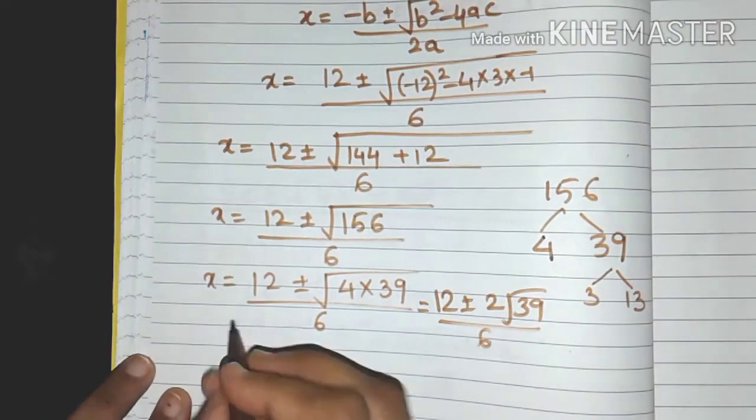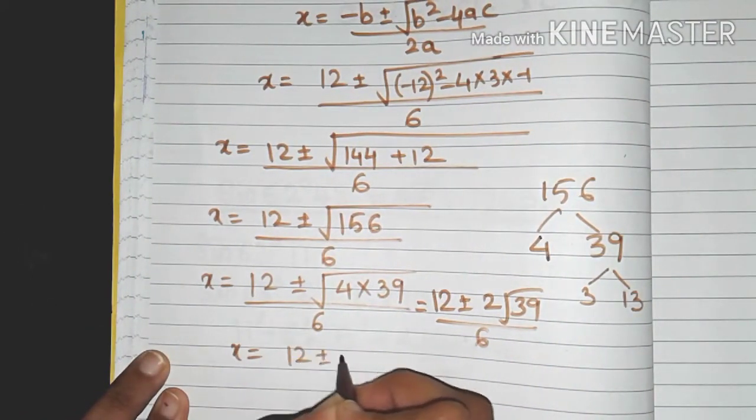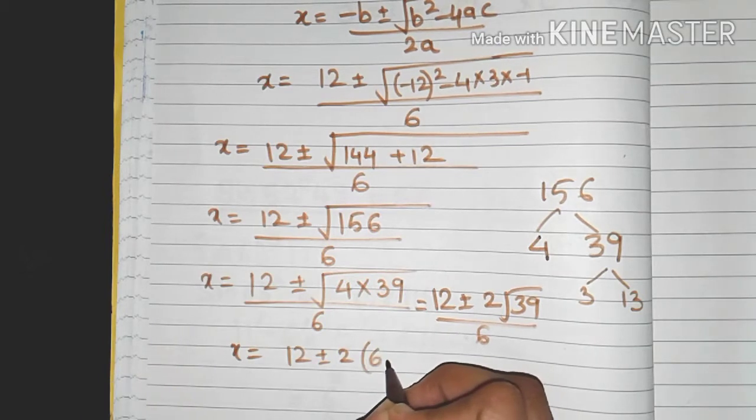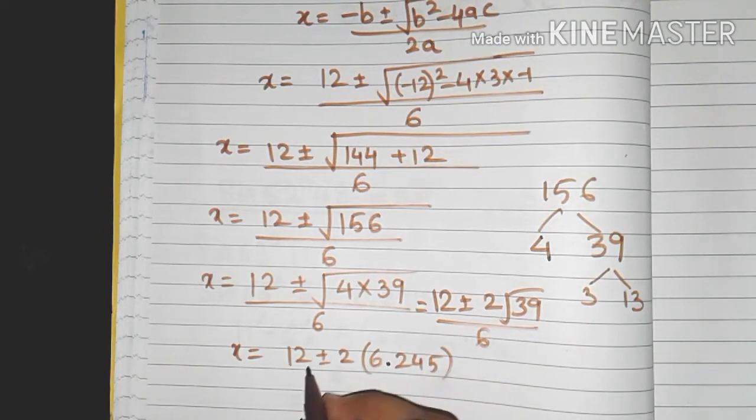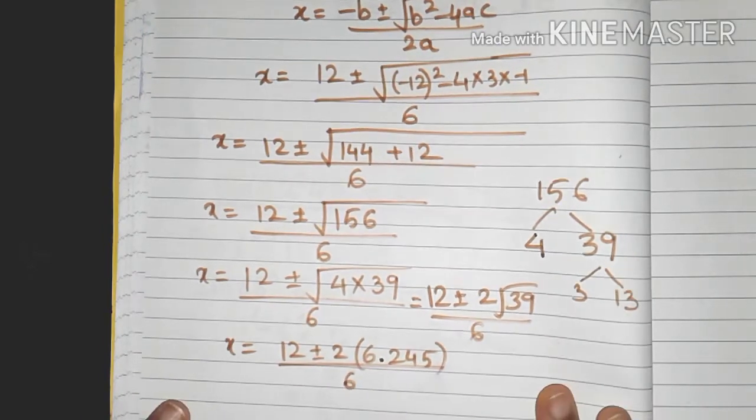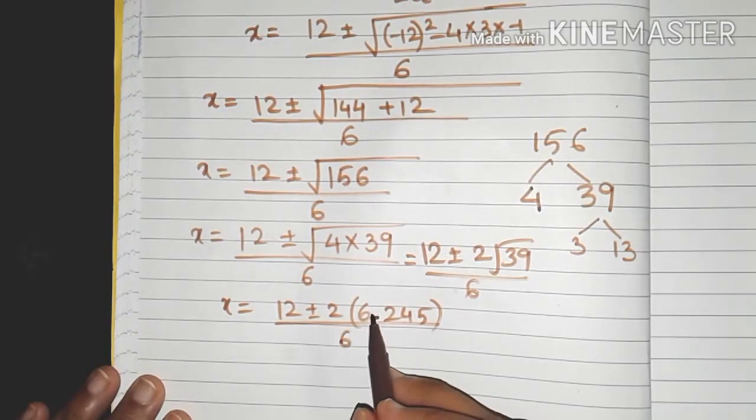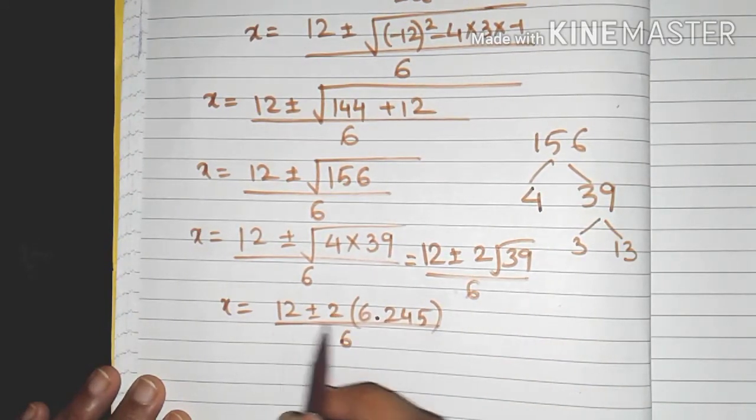So I hope you can see, friends, root 39 is 6.245. So let's write it down. 6.245 divided by 6. Okay. Now don't multiply this 2 with 6, because you can take out 2 common.